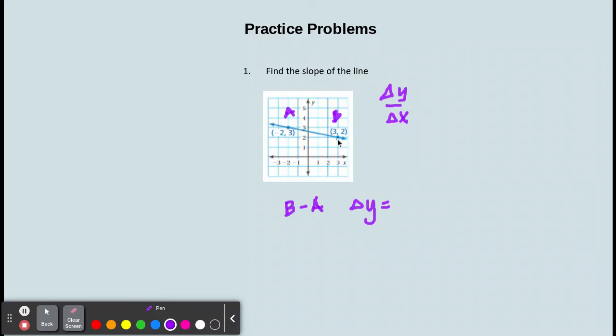So our y value, we end up at 2, but we started at 3. So our change in y is actually a -1. We're going down 1, right? So now you can calculate your change in x, and then that's going to give you your slope.